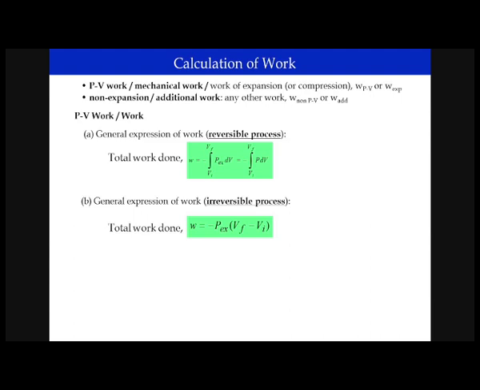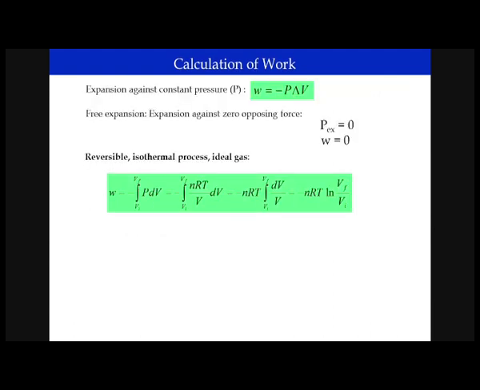And we talked about how to calculate those in the last lecture, that for a reversible process it is given by this expression, because P external is infinitesimally close to the pressure of the system, and for an irreversible process we have the expression where W is minus Pex, the external pressure, times final volume minus initial volume, that we discussed in the last lecture.